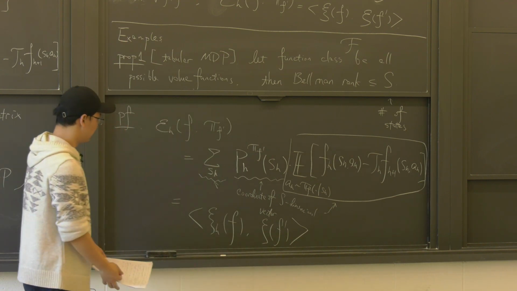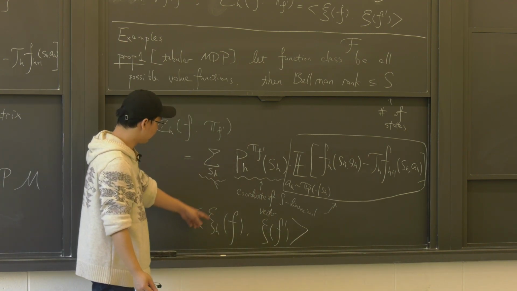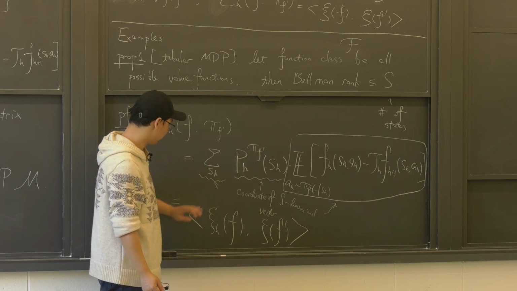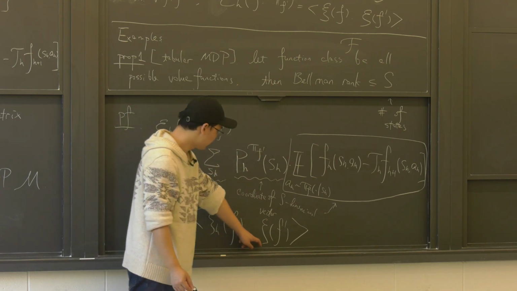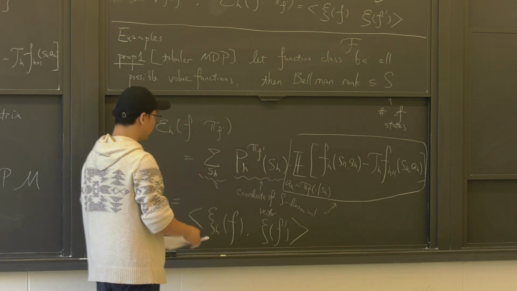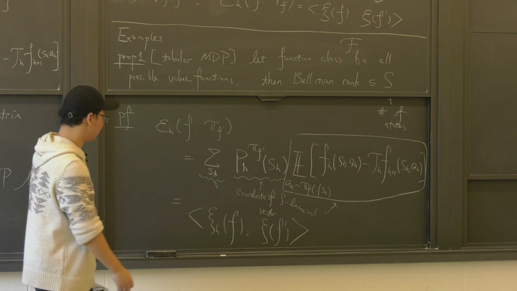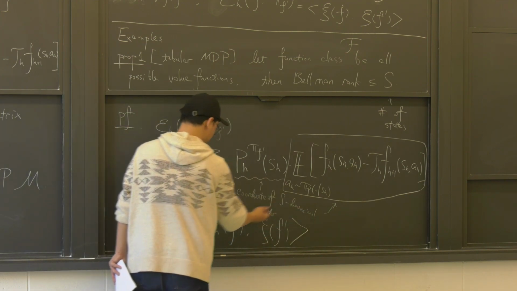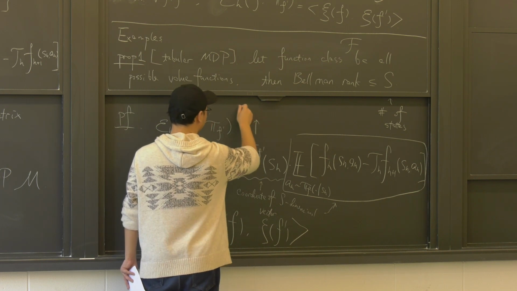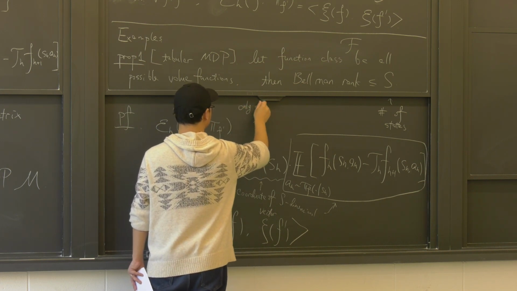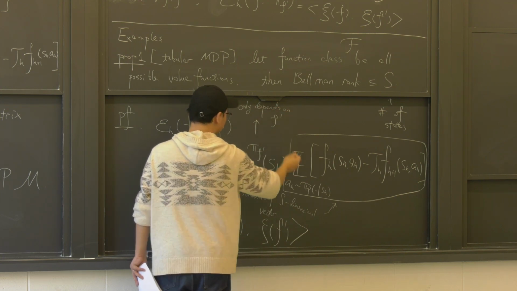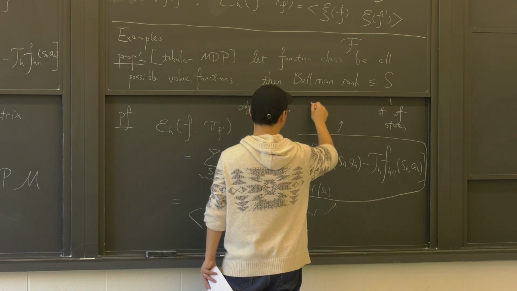You can write out the maps: zeta is defined in terms of the probability where we only use the rollout policy pi f prime, and the second part is only about f. The most important thing is that the first component only depends on f prime, and the second component only depends on f.